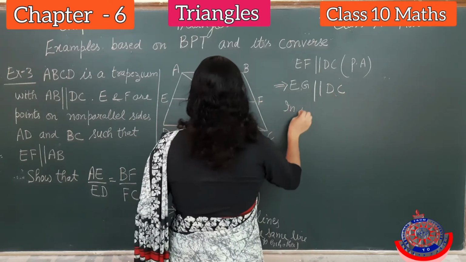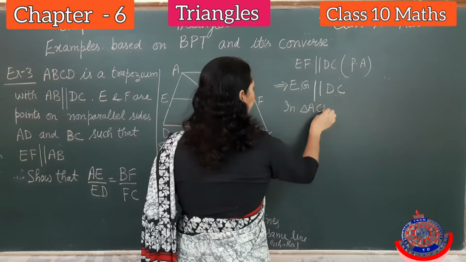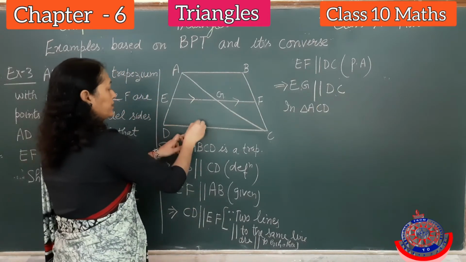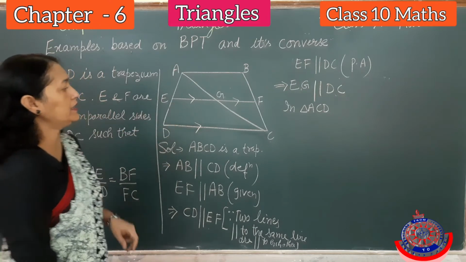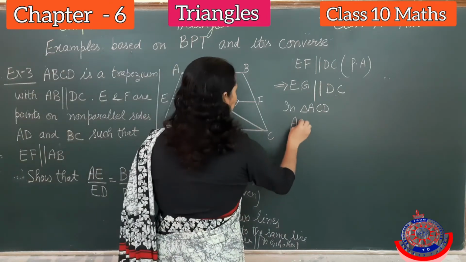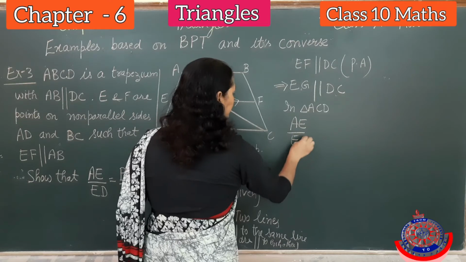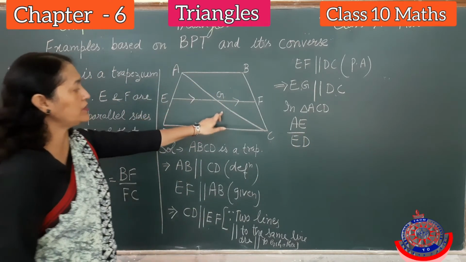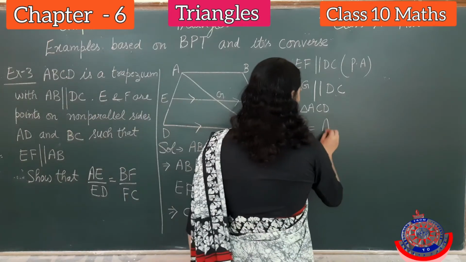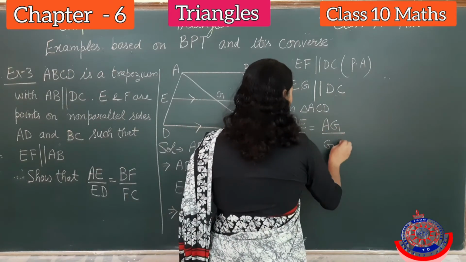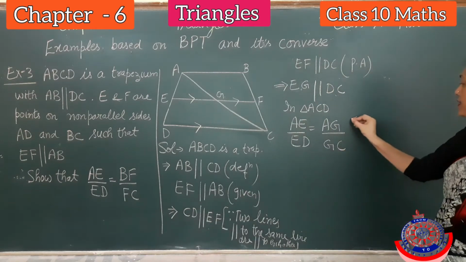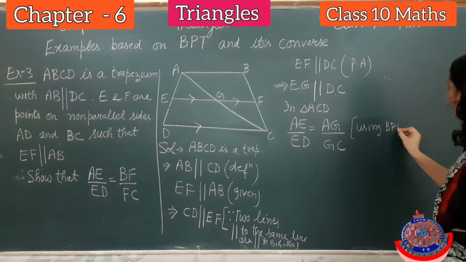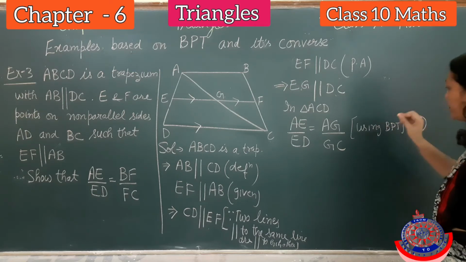So in triangle ACD, since EG is parallel to CD, using BPT, we can write that AE upon ED is equal to AG upon GC. Let it be equation number 1.